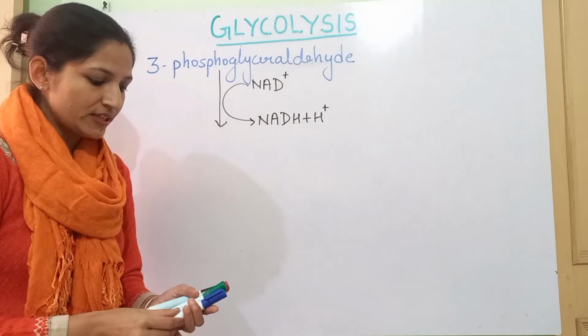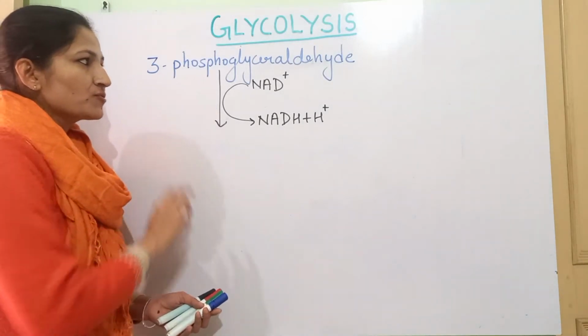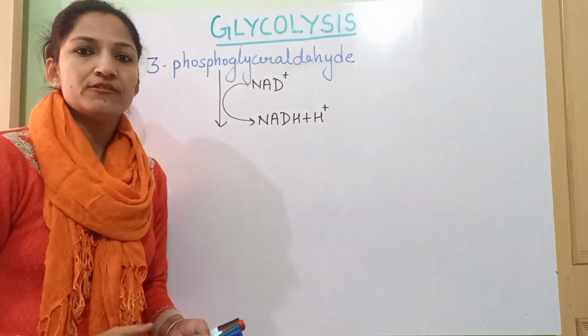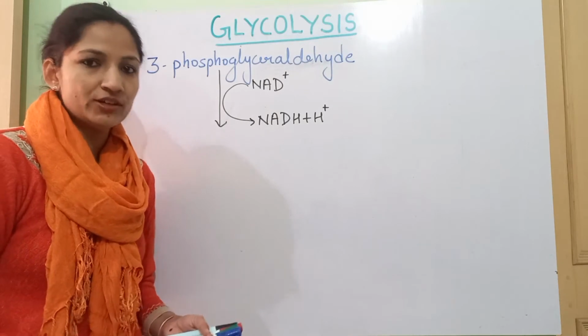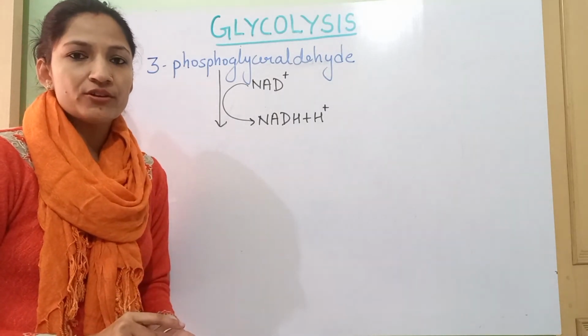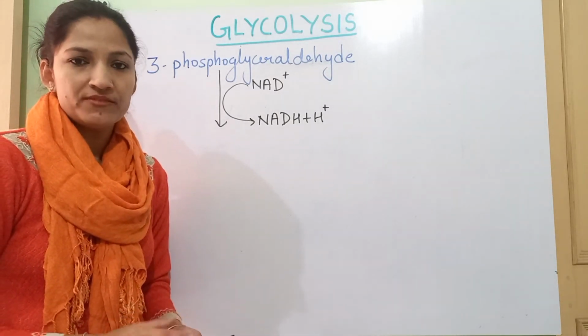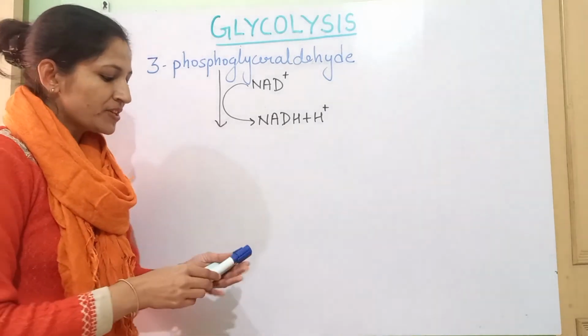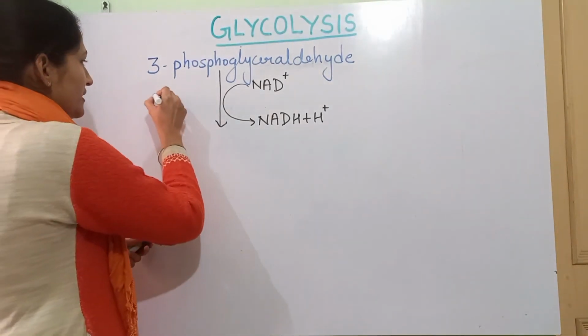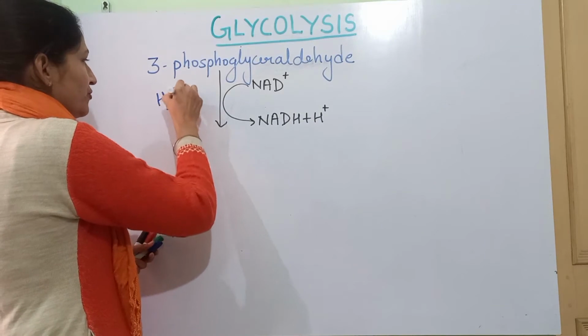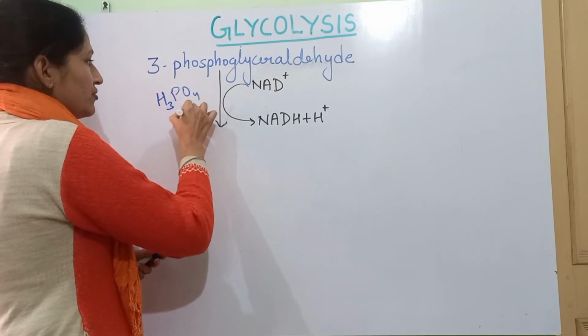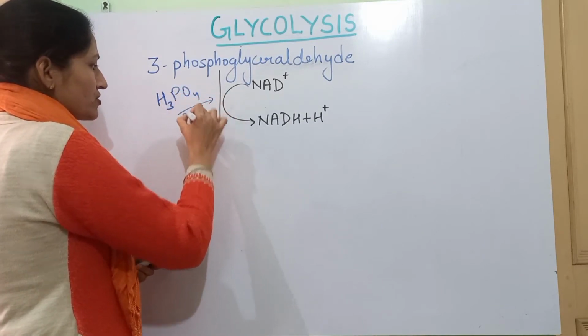Along with this oxidation, this phosphoglyceraldehyde gets phosphorylated also. But now we are not going to use ATP. This phosphorylation is done by H3PO4, which provides the inorganic phosphate.